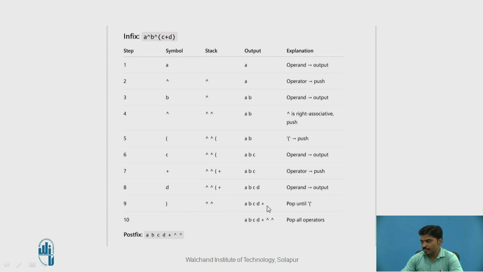A, B, C, D plus, and the last step is you pop all the remaining stack elements and add them to the output: A, B, C, D plus raised to. This is your final answer.